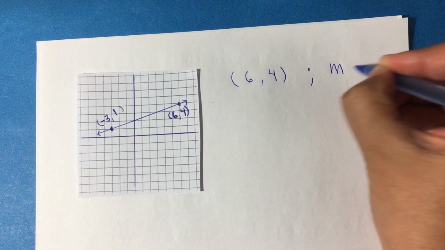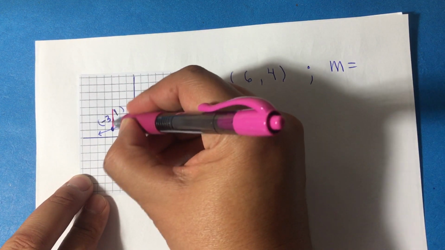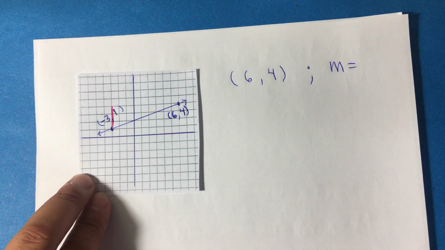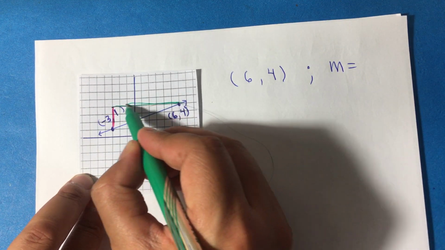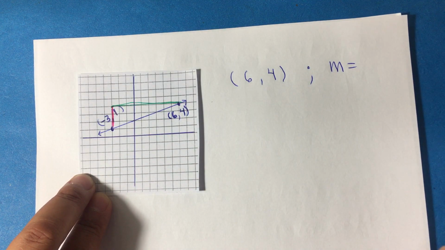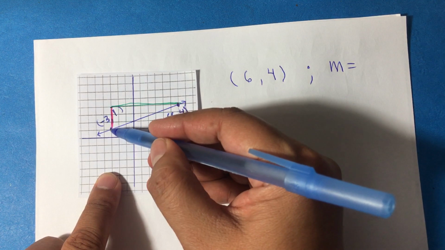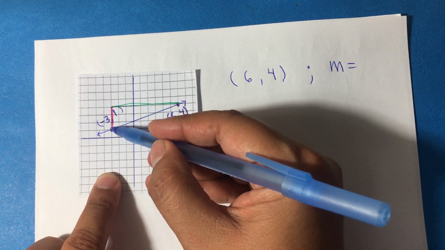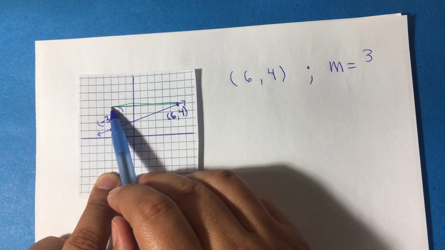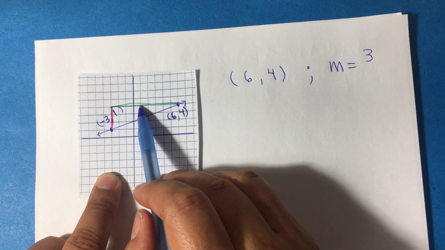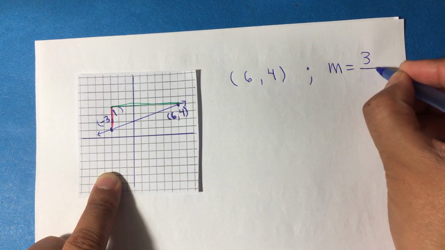For the slope, we have to find how many spaces on y over the spaces on x. And so for y, it's going up, so it's positive 1, 2, 3. For x is 1, 2, 3, 4, 5, 6, 7, 8, 9.